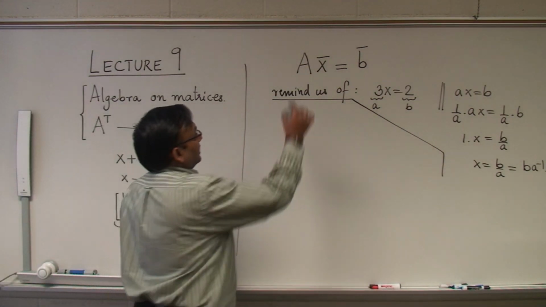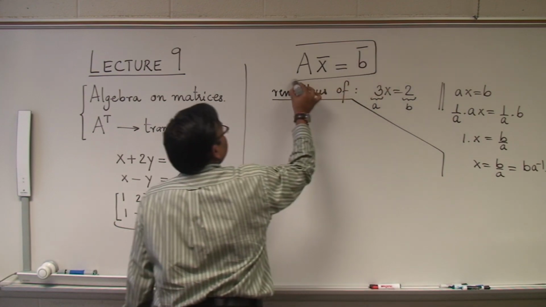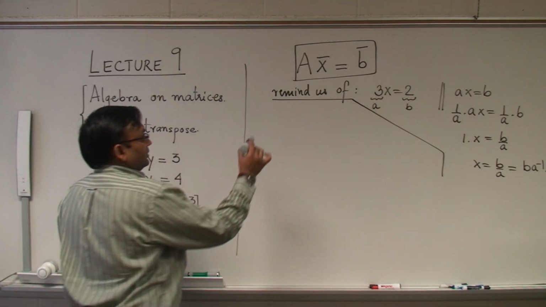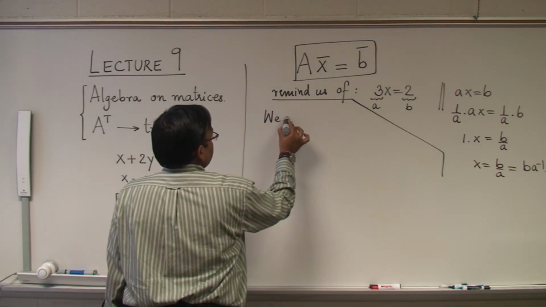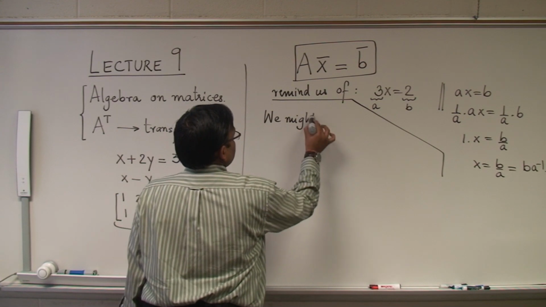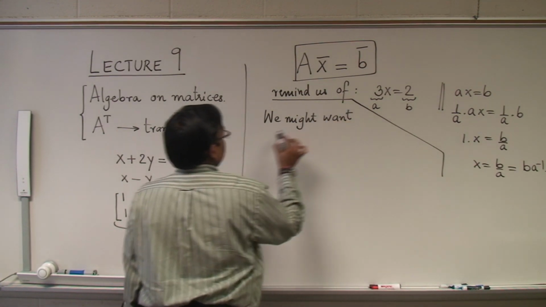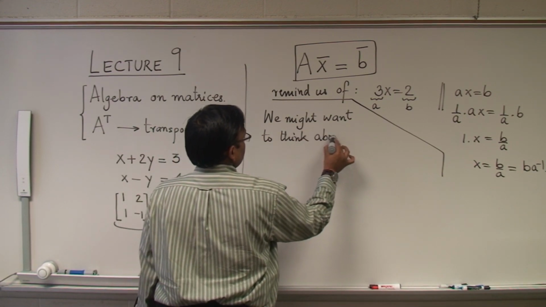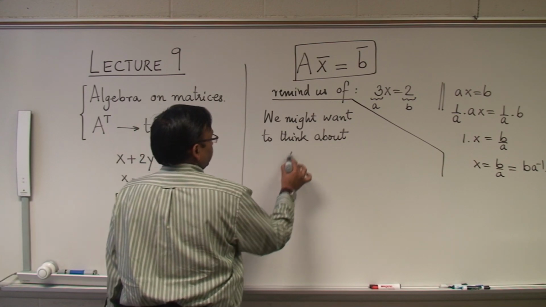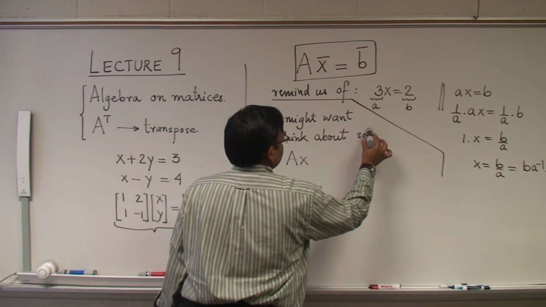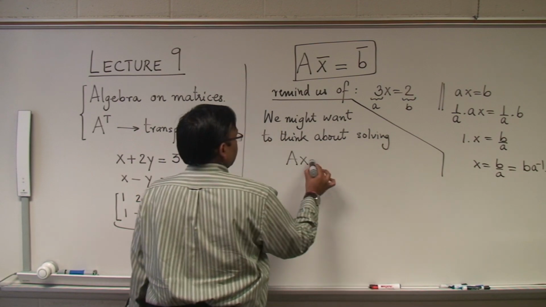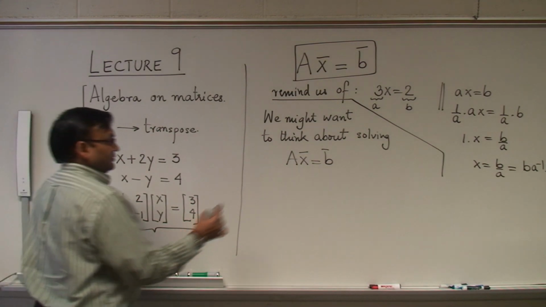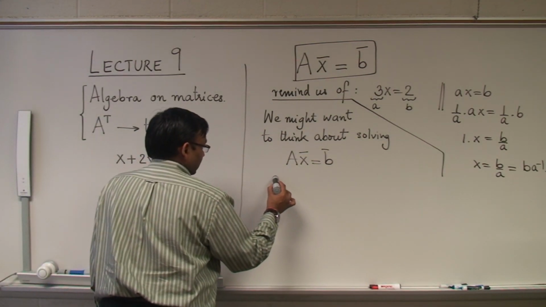See, we can write our system of linear equations in the form Ax = b. One may attempt, so we might want to think about solving Ax = b as, what if there was something which I can multiply?